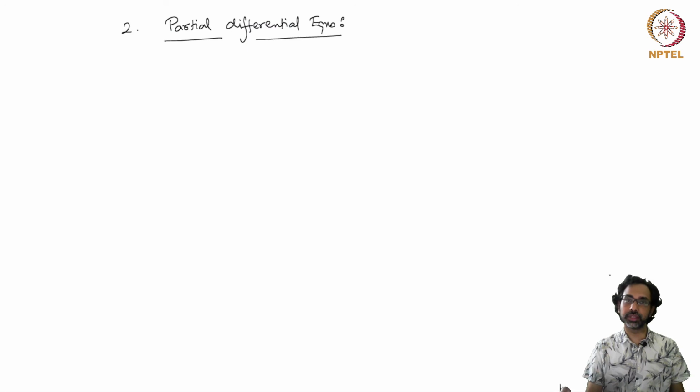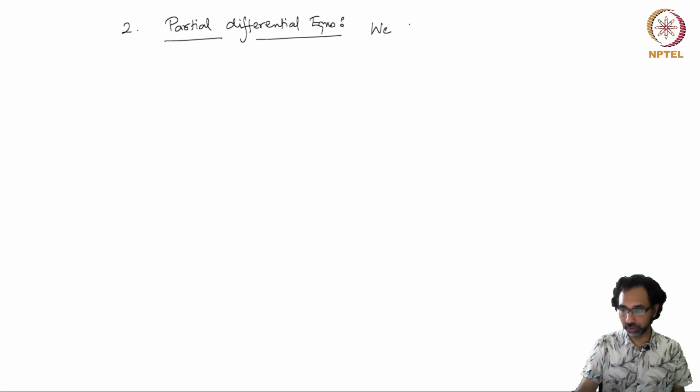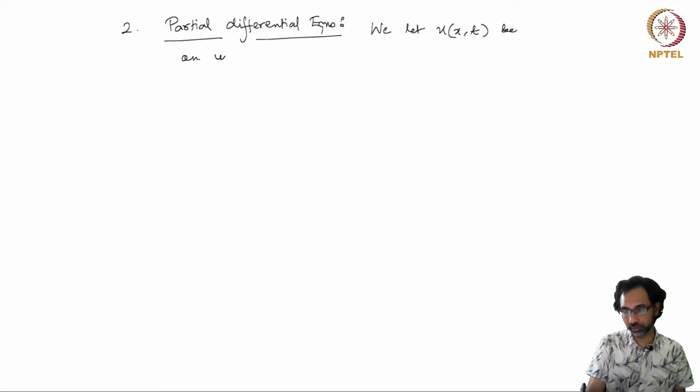Now let's come to the second topic for this lecture, which is partial differential equations. For this, we let u be a function of two variables x and t, an unknown function which satisfies some equation.